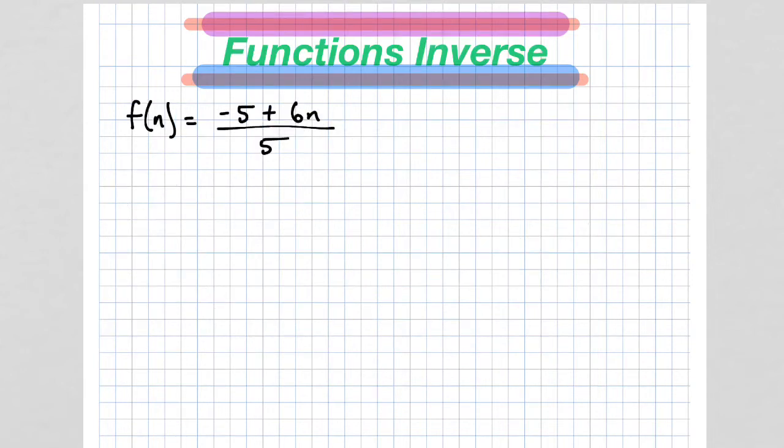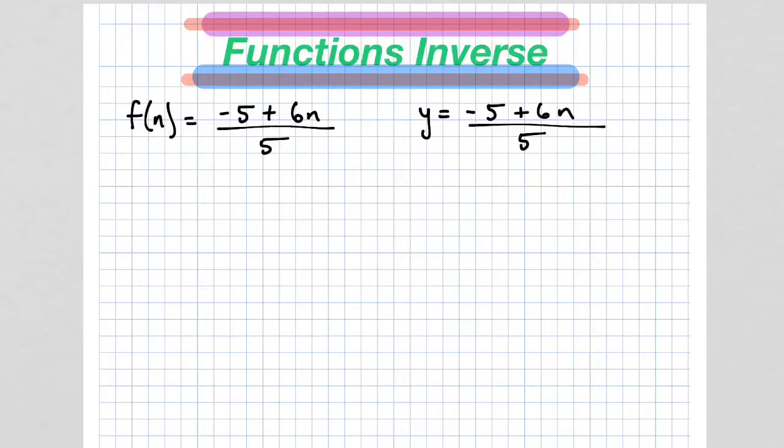Our next function, f of n. Our first step is we're going to say y equals negative 5 plus 6n all over 5. Step number 2, remember we're going to switch the n and the y.